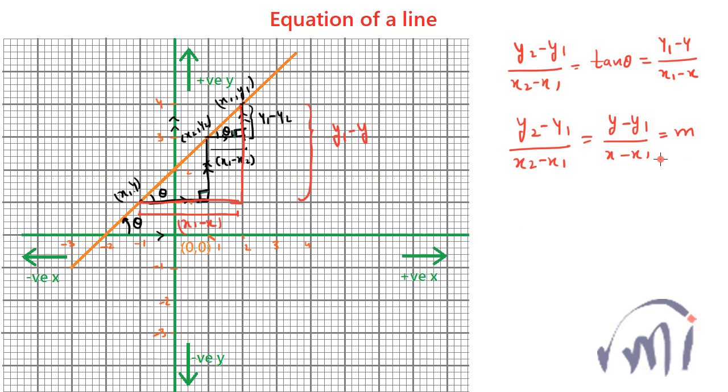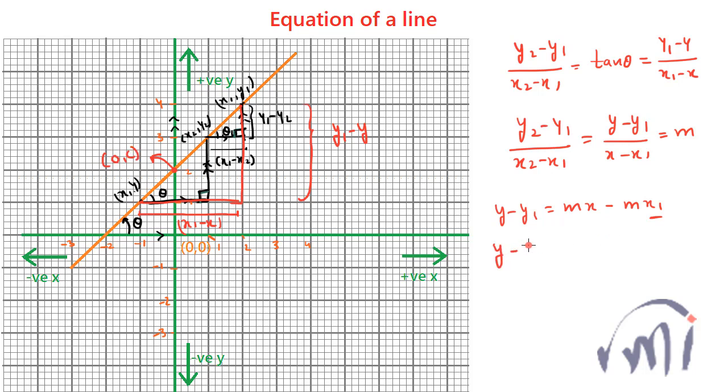And if I simplify this part, y minus y1 can be written as mx minus mx1. And if I assume a point for which x equals 0, or if I substitute x1 equal to 0, then this will be the point for which x is 0. Then this point, let me call it 0 and c.